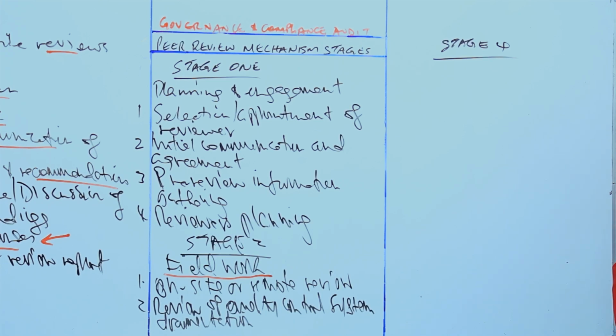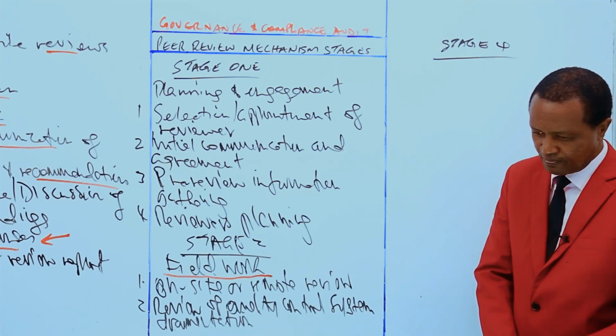Now the completed review report along with the reviewed entity's response is submitted to the relevant administrative entity, and this could be an oversight body.